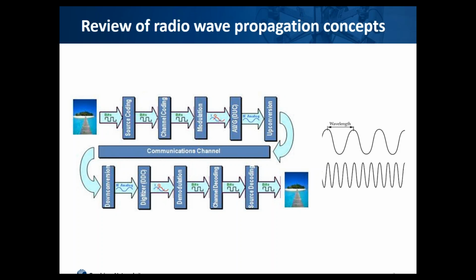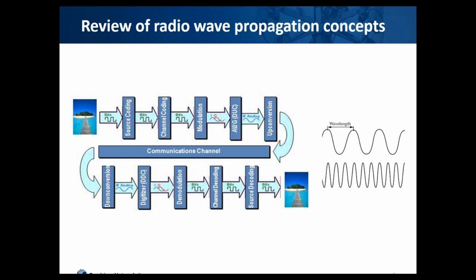In the previous example, there were 4 possible waveforms, and extracts the corresponding bits from it. The channel decoder uses the redundancy that was added to the bits to correct any errors that might have been introduced in the channel. And finally, the source decoder restores the original bits that represent the picture we downloaded. Now all the information is in the receiving device and the picture can be displayed.